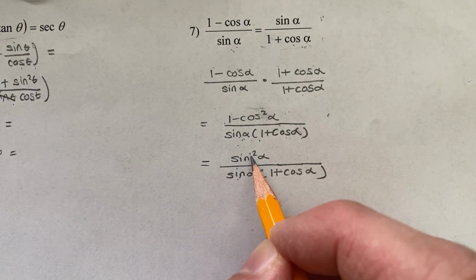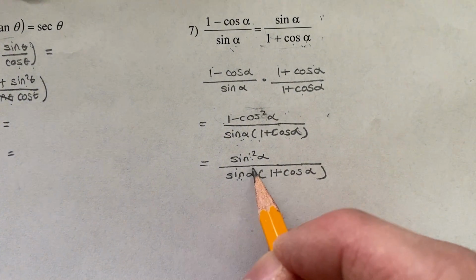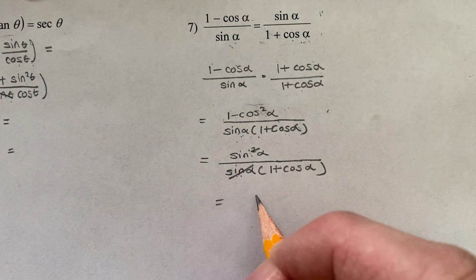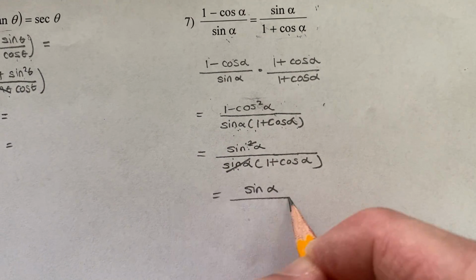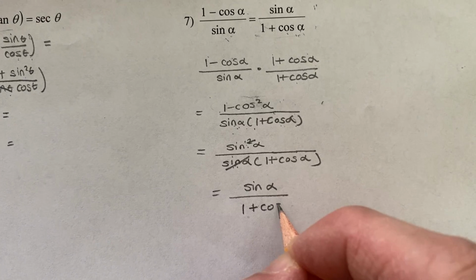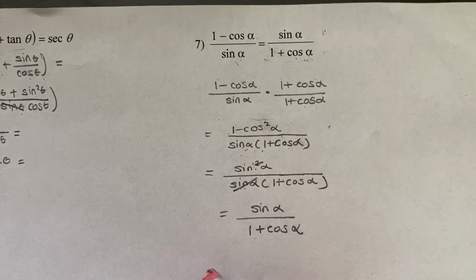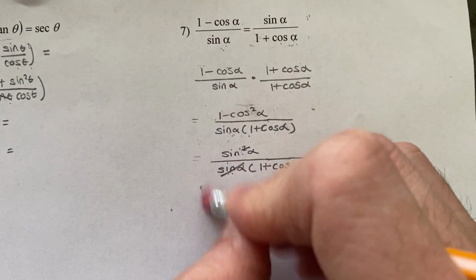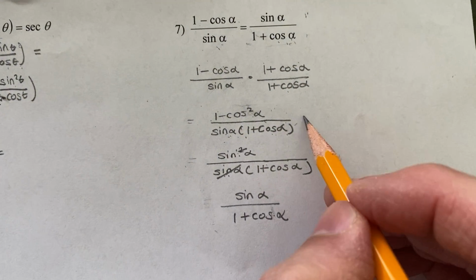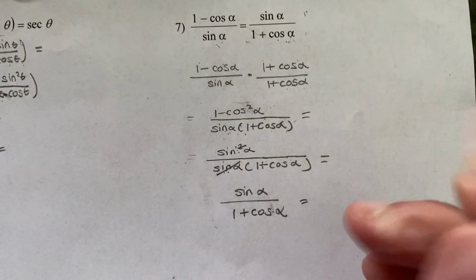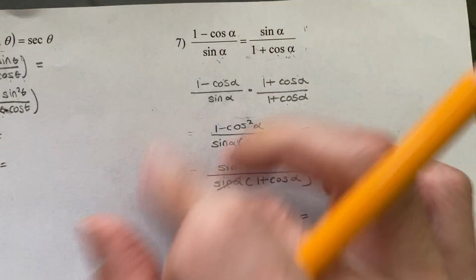I have a squared over here, I have a single a. So this cancels out to this, and now I have sine alpha over 1 plus cosine alpha. I probably should have written my equal sign here on the right because I manipulated the left-hand side, so make that correction there.